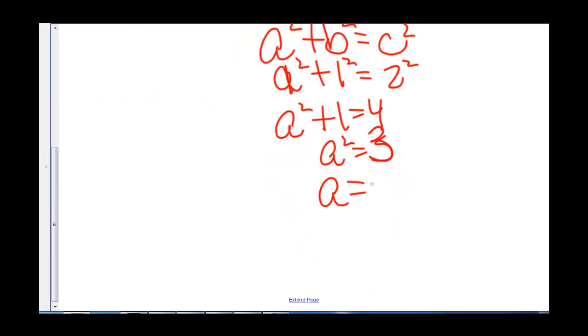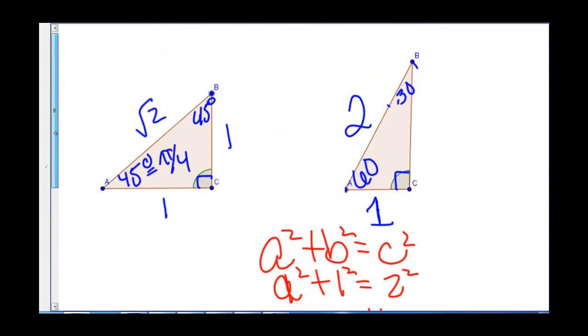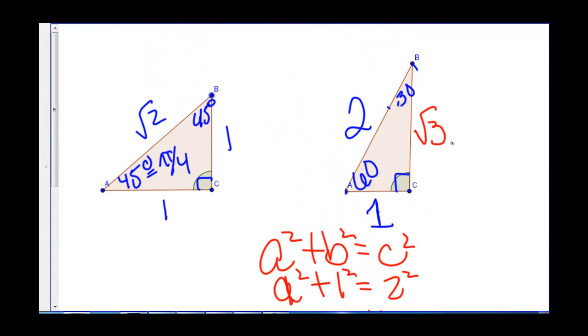So a equals plus or minus square root of 3, but we don't have negative length, so a equals square root of 3. And so the trigonometric values of this triangle are also special values. And we should recognize them from the unit circle. This is pi over 3. And similarly, if we looked at this angle as theta, this angle is pi over 6.